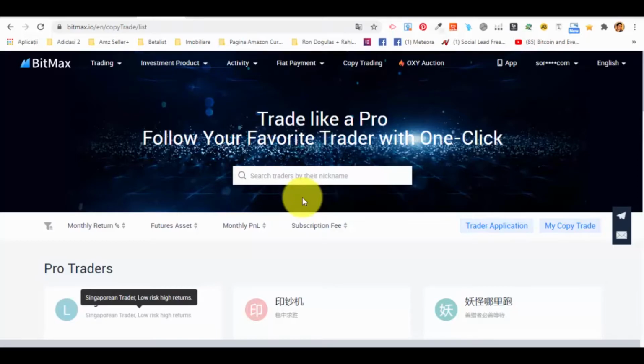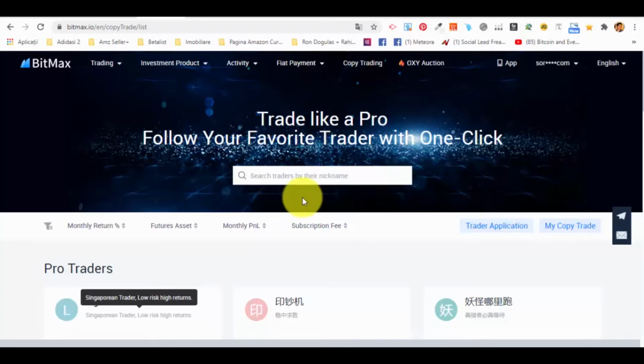The last method that we are going to talk about is copy trading, which means to copy what other professional traders do, or not necessarily professional, but other traders who maybe do this better than you. Or if you are not into trading, you can copy what other people who are trading do. Okay, and we have two platforms where you can do that.